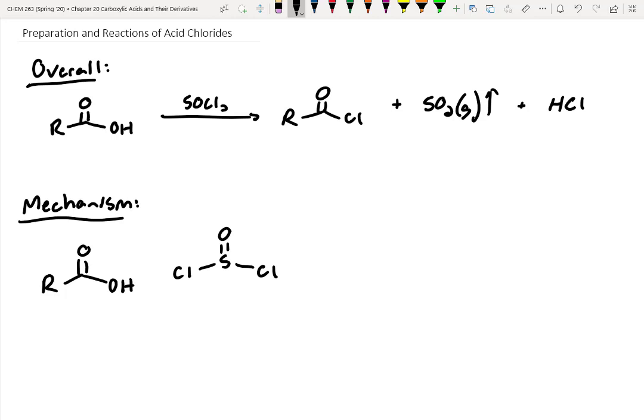And what happens is this lone pair can be delocalized down and have resonance here, which means that this top oxygen is partially negative, right? And if it's partially negative, that means that it can attack an electrophile like thionyl chloride and kick electrons all the way up to that oxygen. So let's take a look at this next intermediate.